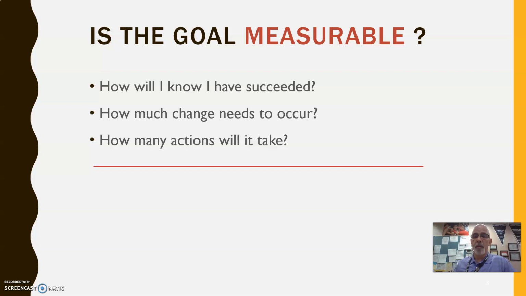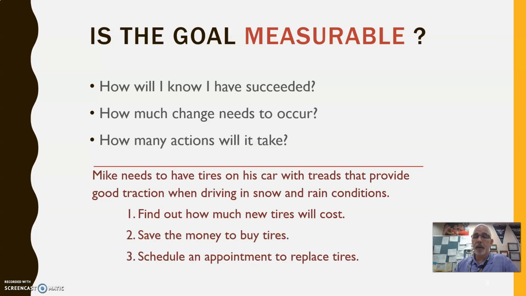The next one that you must have within your goal is, is it measurable? How will I know I've succeeded? How will change need to occur, and how many actions will it take? Basically, for measurable, you need to have some type of money involved in this. Mike needs to have tires on his car with treads that provide good traction when driving in snow and rain.